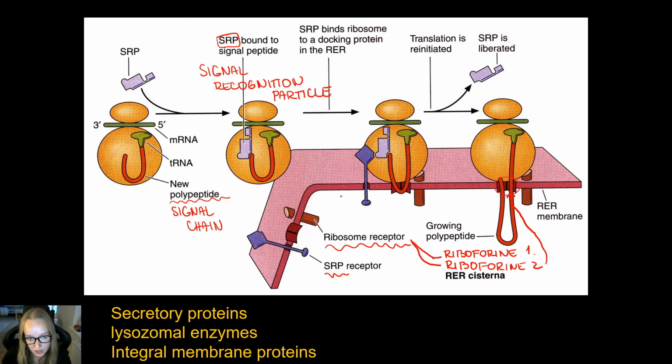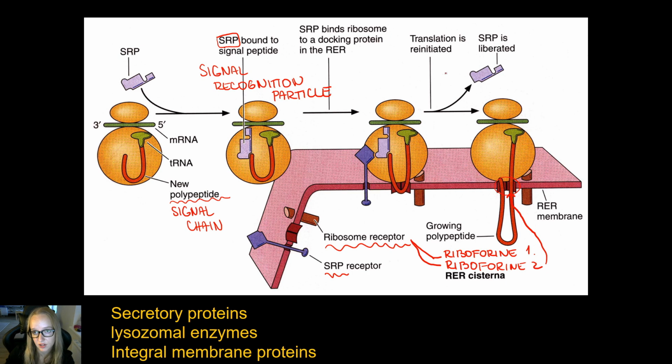So right now, this new protein chain that is made is separated from the cytoplasm. So it's in the endoplasmic reticulum. So it works like this.